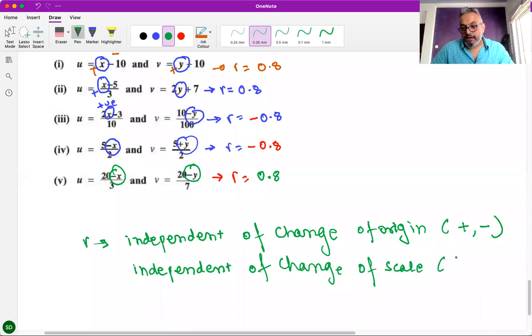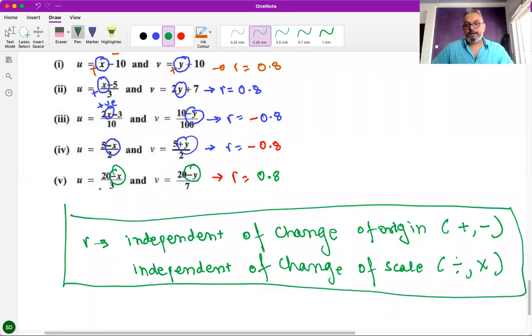यानी क्या? Divide or multiply. Please write this. This is a property of R. But property of mean क्या था?